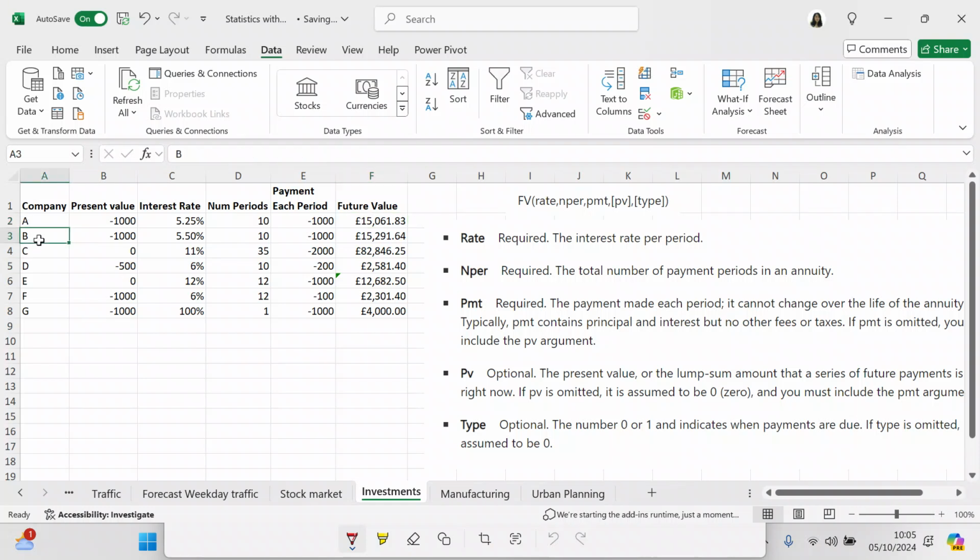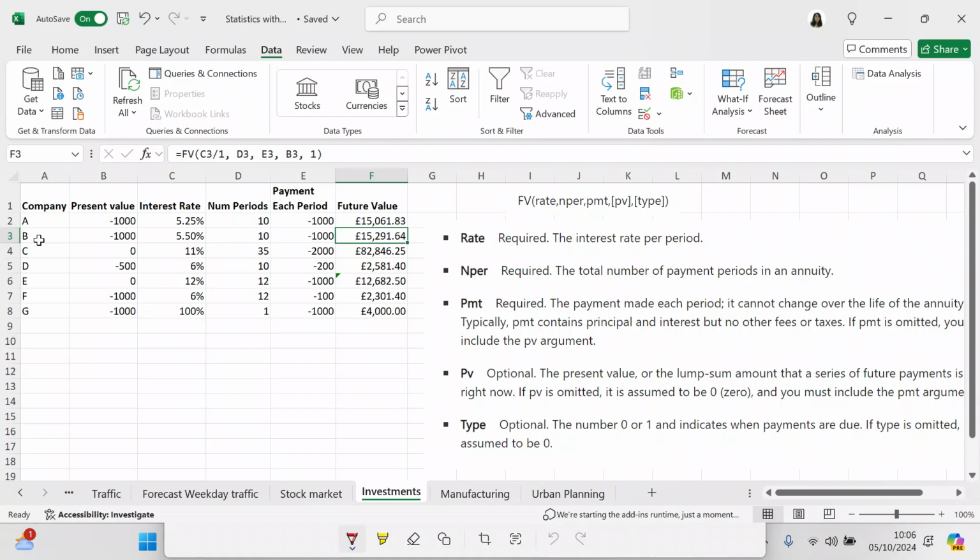Your second investment is going to be company B. You've got £1,000 that you initially have in it. Interest rate is going to be 5.50%. Number of payments is going to be 10. Payment each period is going to be 1,000, and the future value is going to be 5.50% over 1, so that's going to be 1 payment a year.